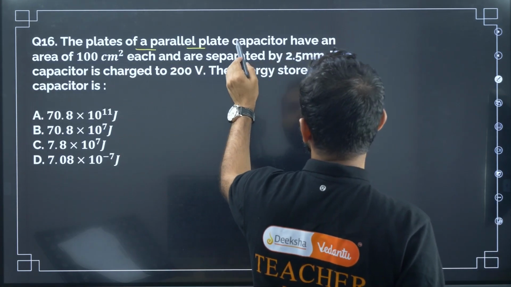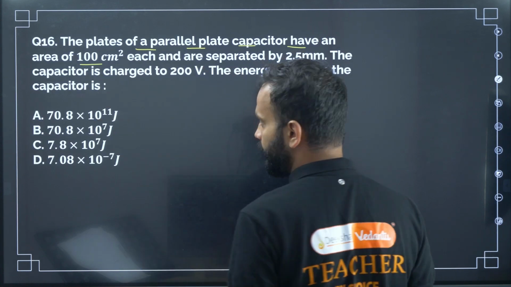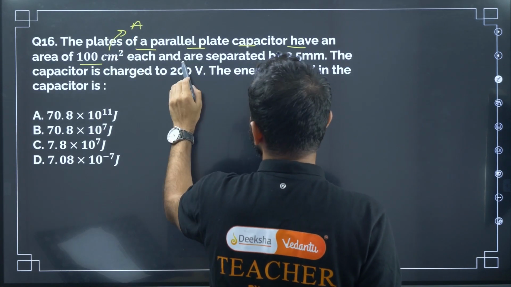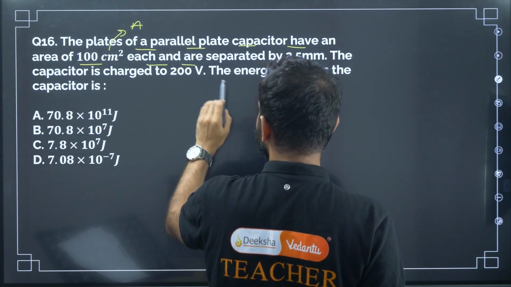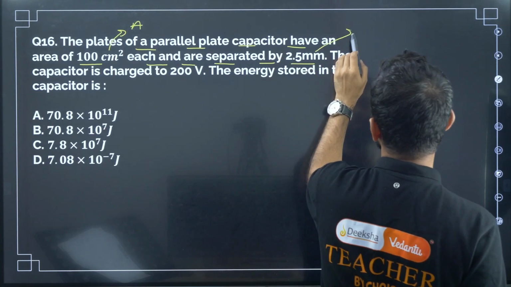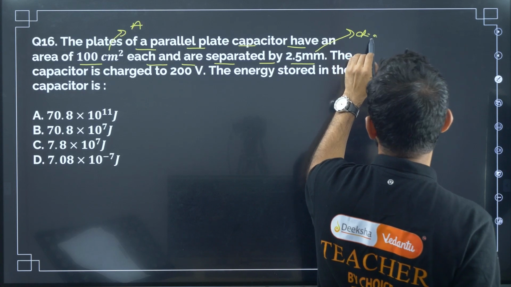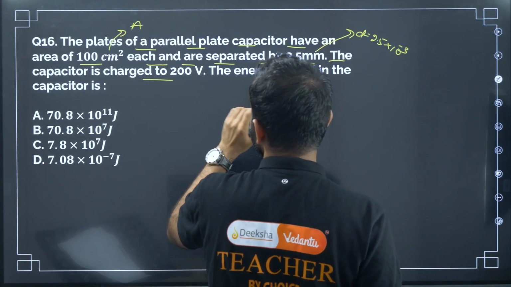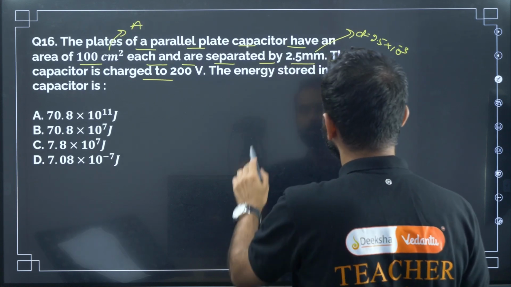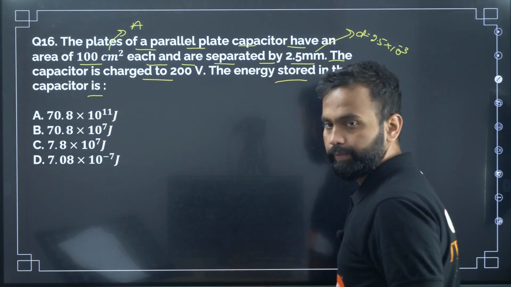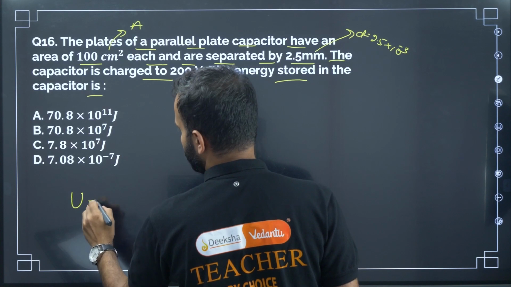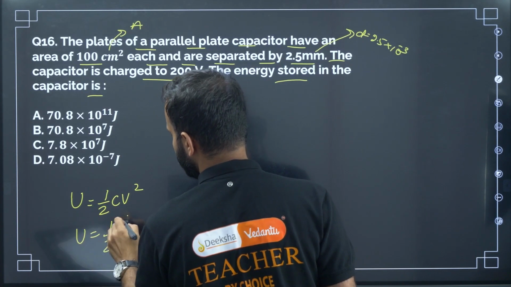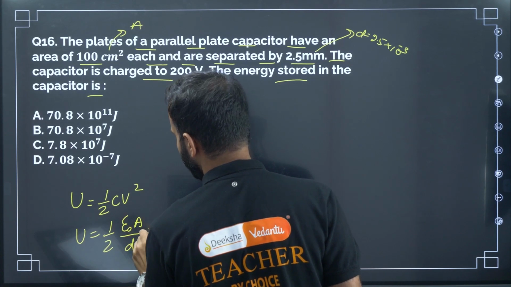The plates of a parallel plate capacitor have an area of 100 centimeter square each, so A is 100 centimeter square, and are separated by 2.5 millimeter, so d is 2.5 into 10 to the power minus 3 meter. The capacitor is charged to 200 volt. The energy stored in the capacitor is, U equal to half CV square, so U equal to half into epsilon naught A divided by d into V square.